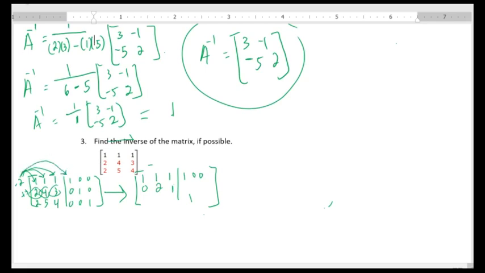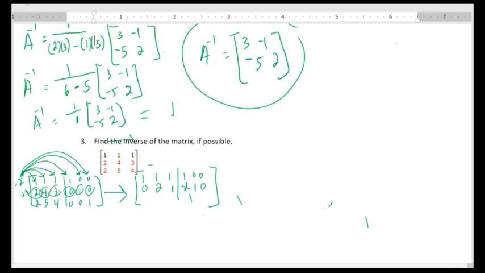-2 times 1 is -2, plus 0 is -2. -2 times 0 is 0, plus 1 is 1. -2 times 0 is 0, plus 0 is 0.